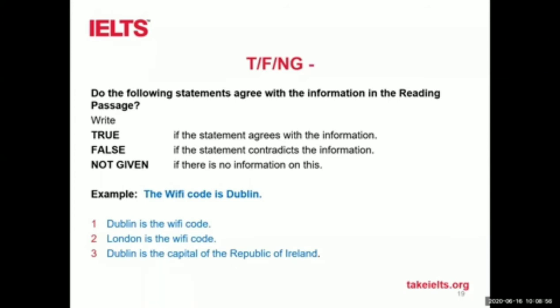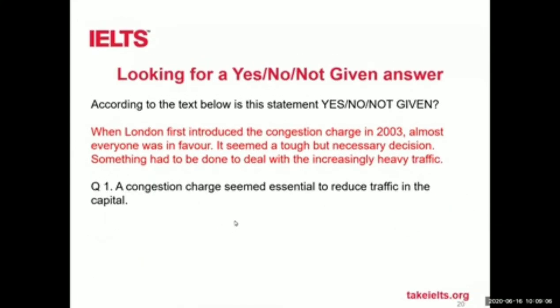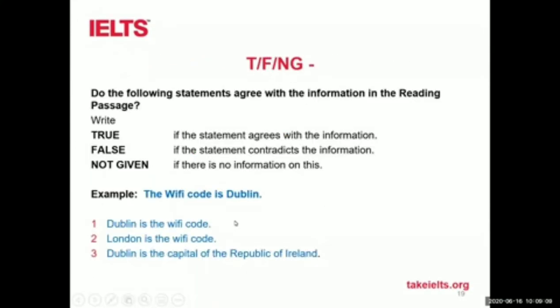Let's have a look. So here we are looking at 1 is going to be true, 2 is false, and 3 is not given.